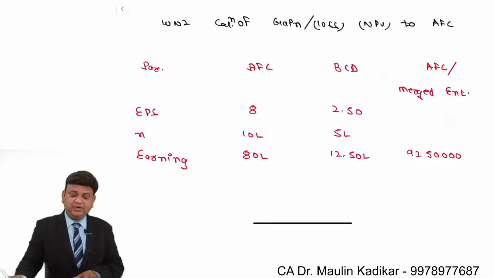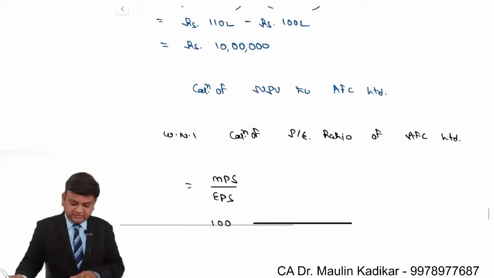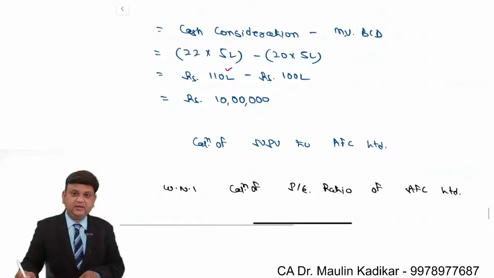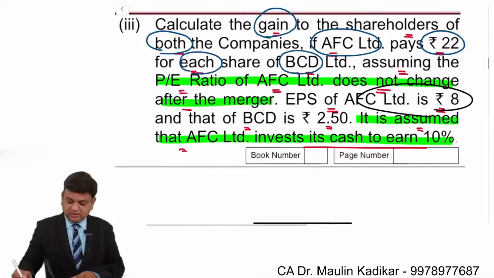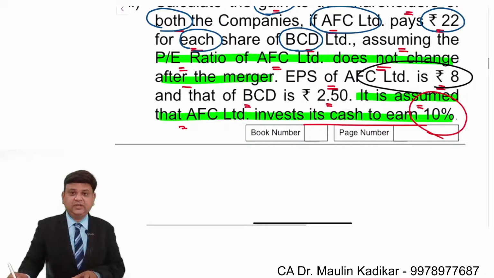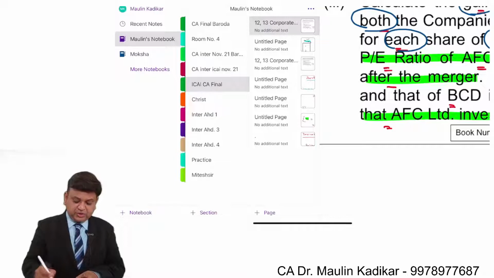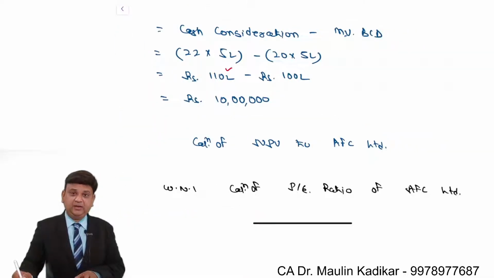However, importantly, information is given that whatever cash consideration is paid by the acquiring company for acquisition of the target company could have been invested at the rate of 10%. In a way, we have been provided with the opportunity cost of the consideration that we have paid.